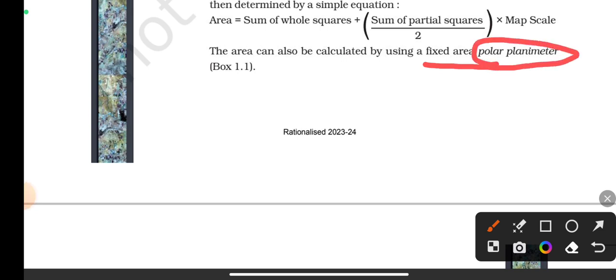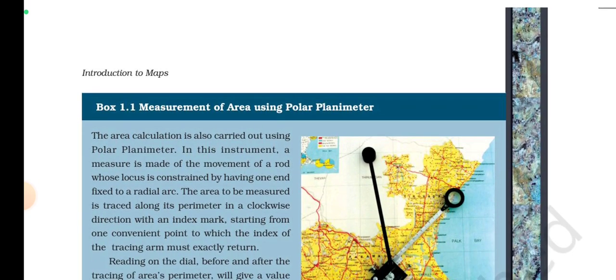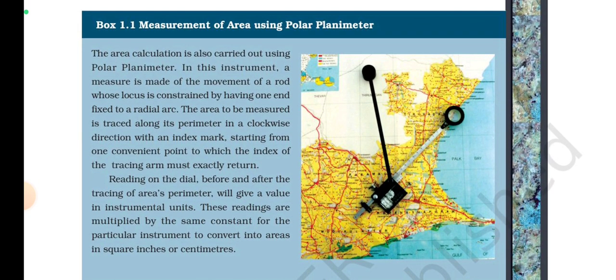The planimeter is used for area measurement. You can see this instrument. The area calculation is also carried out using a polar planimeter. In this instrument, a measure is made of the movement of a rod whose locus is constrained by having one end fixed to a radial arc.